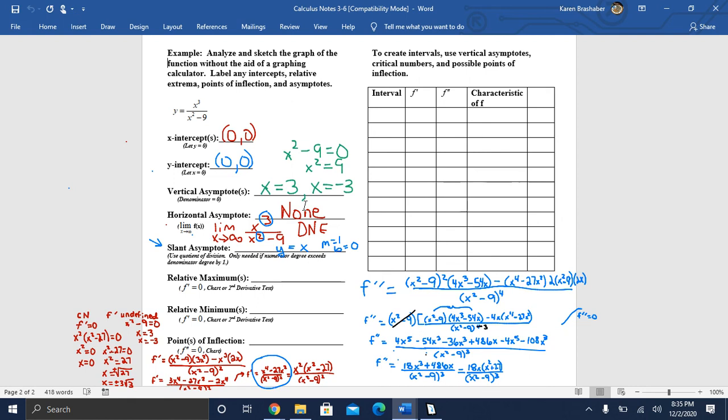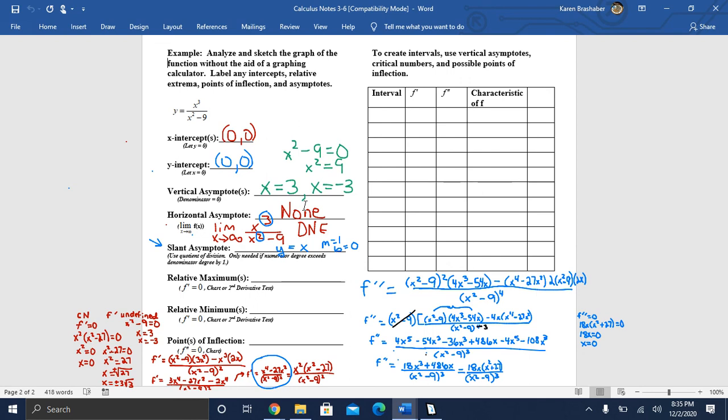And so we'll set that numerator equal to 0. Your numerator was 18x times x squared plus 27. And that means we'll set 18x equals 0, divide by 18, and we get x equals 0.